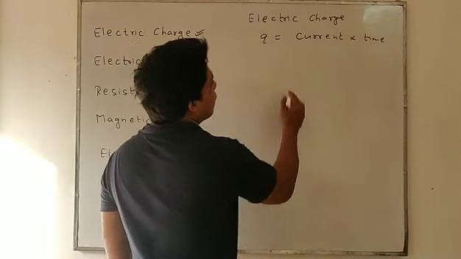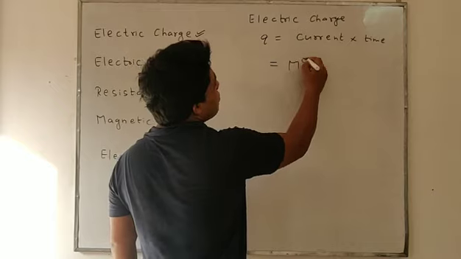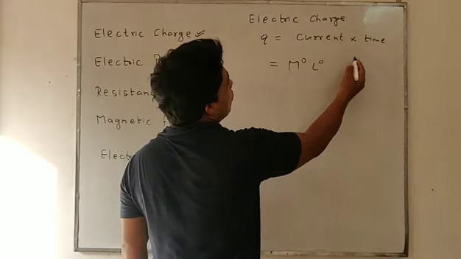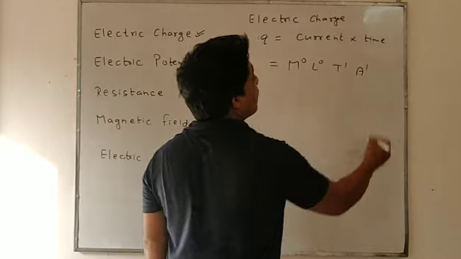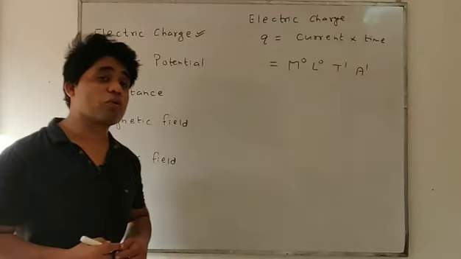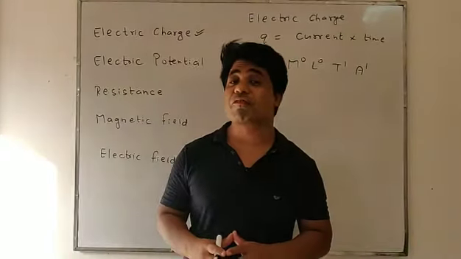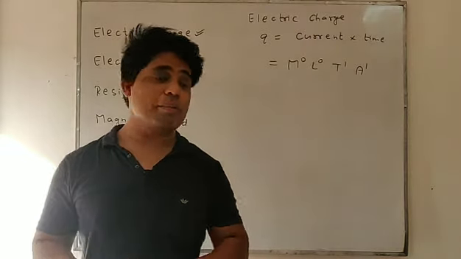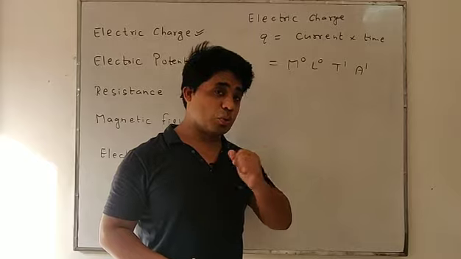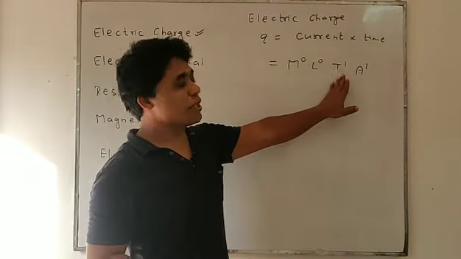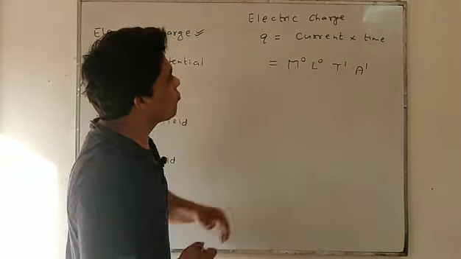Actually there is no mass, M0, no length, L0, for time T1, and current is represented by A, ampere. Remember the fundamental quantities? There are 7 fundamental quantities: mass, length, time and ampere also. If temperature is there, then Kelvin also. So M0 L0 T1 A1, that is the dimension of charge.